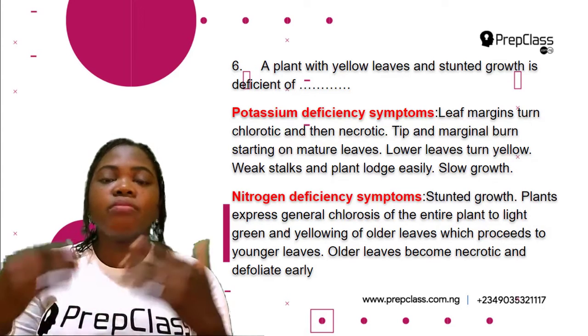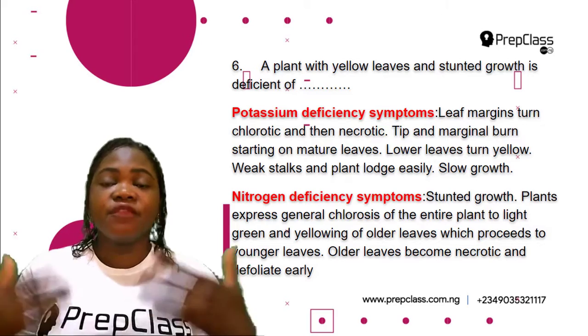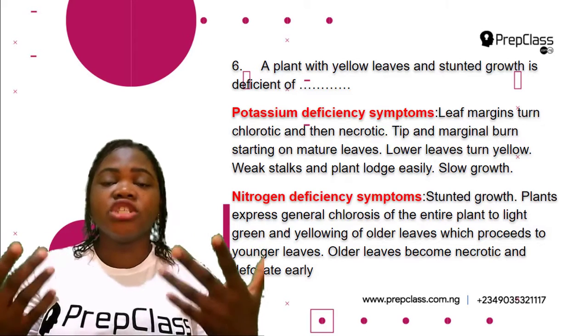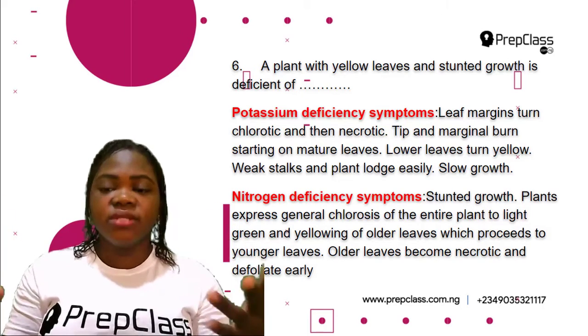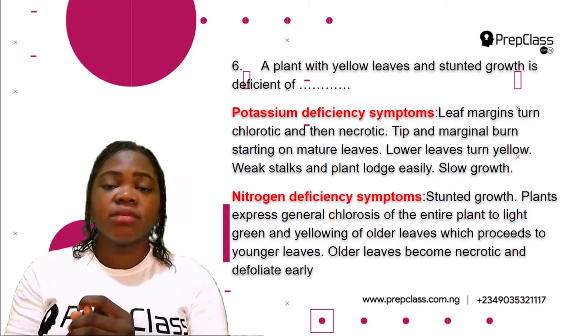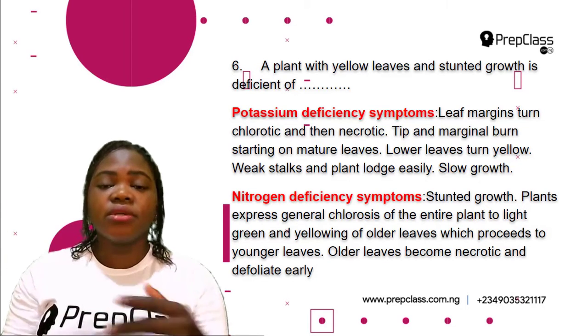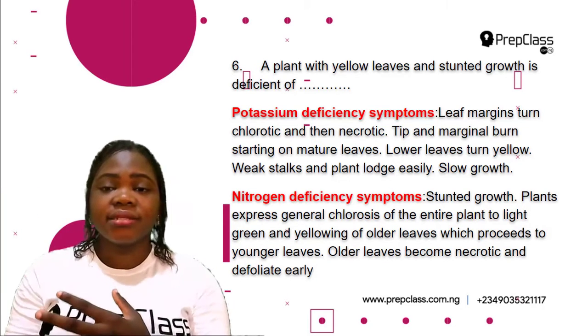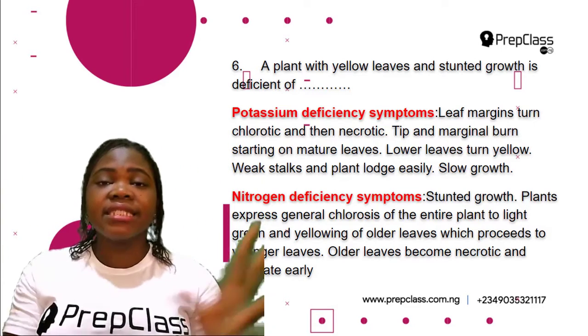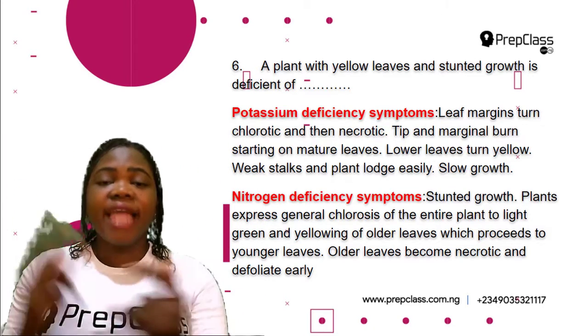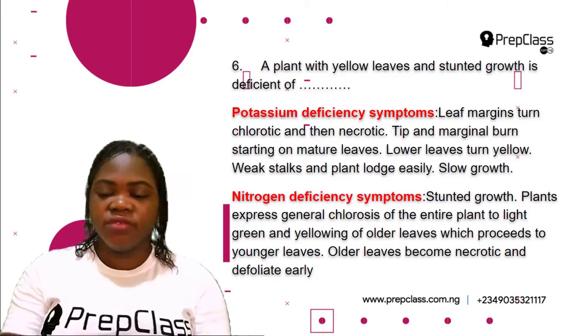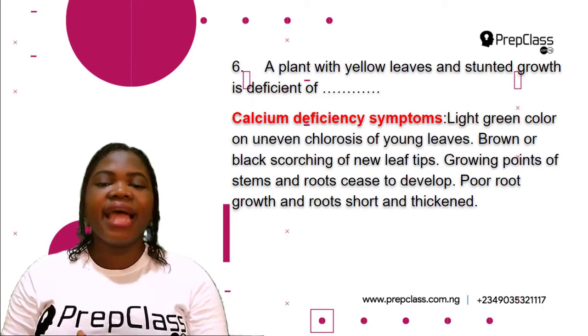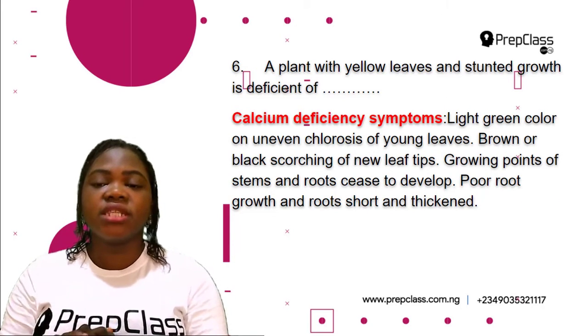Older leaves become necrotic, that is, they die and defoliate early. Defoliation means loss of leaves. So nitrogen deficiency symptoms include stunted growth, yellowing of the entire plant, death of plants and loss of leaves.